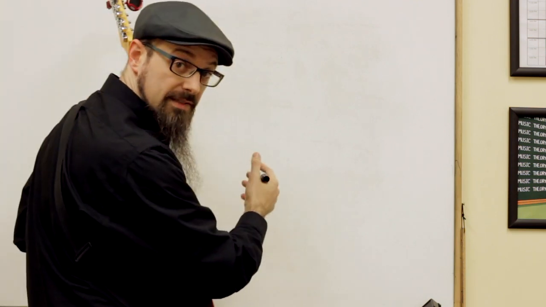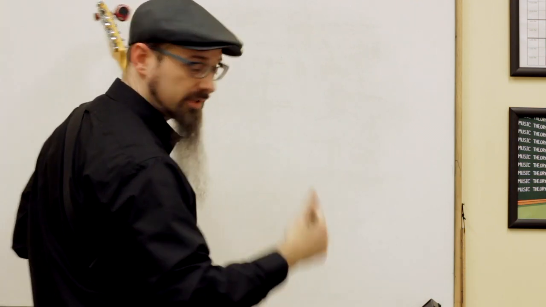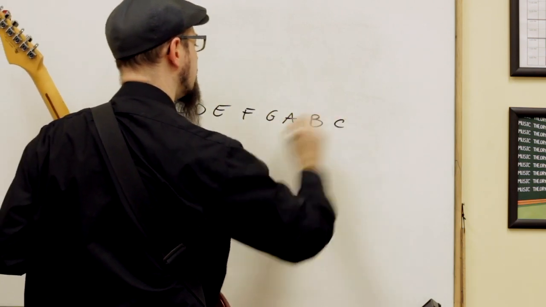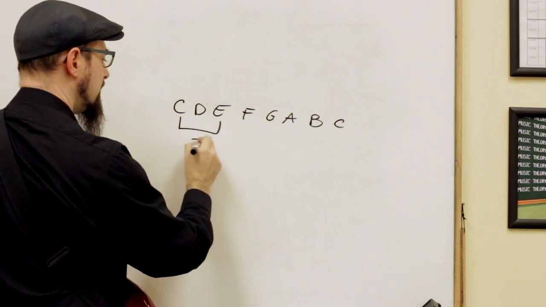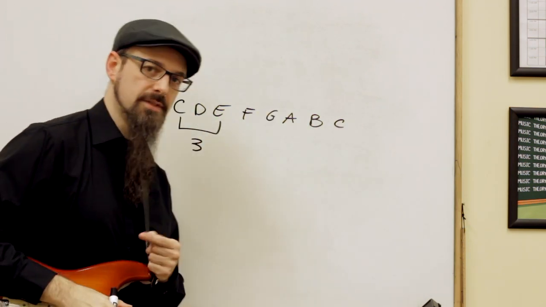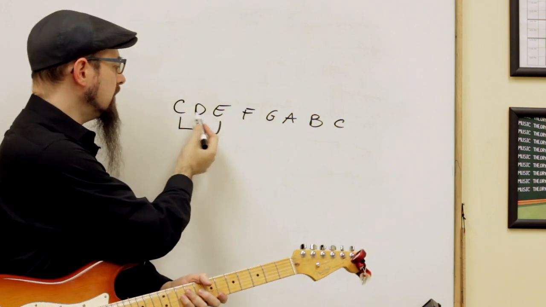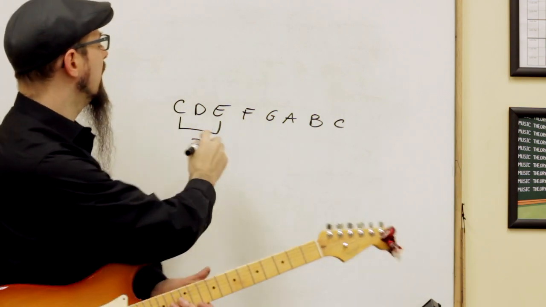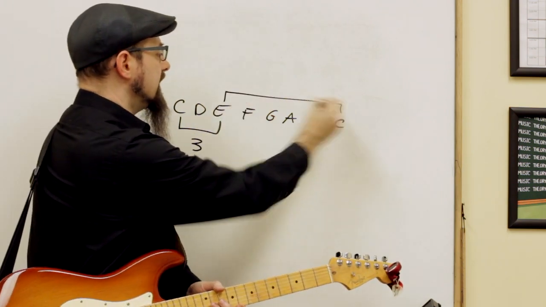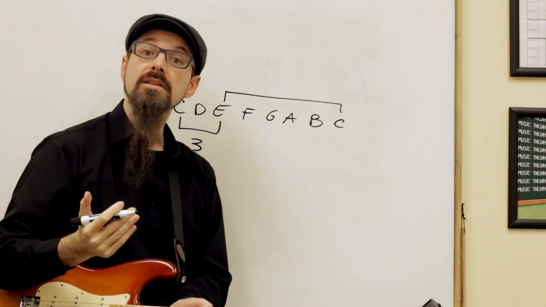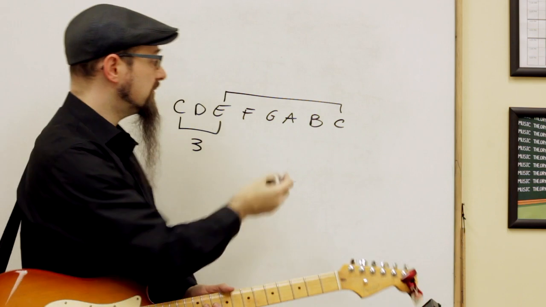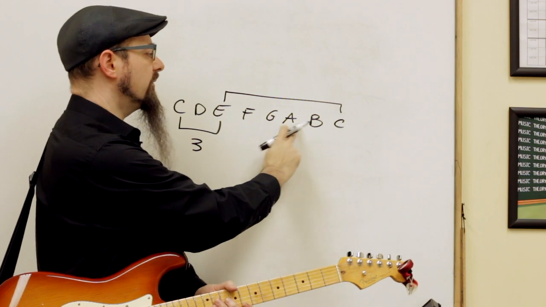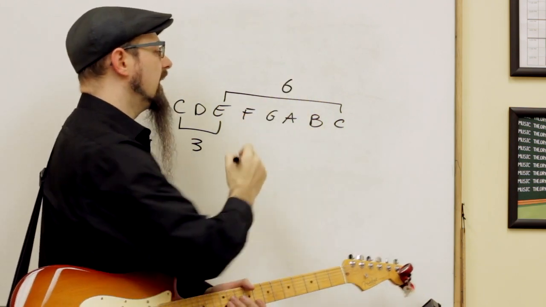Let's make this example here, and let's write all the notes in the C major scale so we see what's going on: C, D, E, F, G, A, B, C. The interval between C and E is called a third, because if you count all the notes involved, there are 3 notes: 1, 2, 3, C, D, and E. The interval between E and C is an interval of a sixth, because if you count all the notes involved, you count E1, F2, G3, A4, B5, C6. So it's an interval of a sixth.